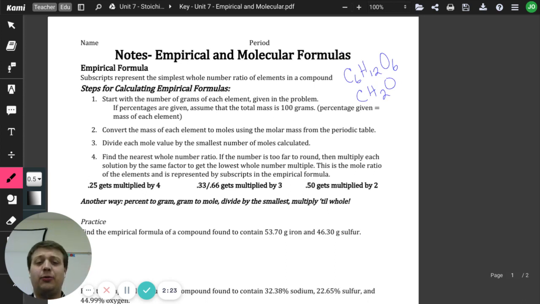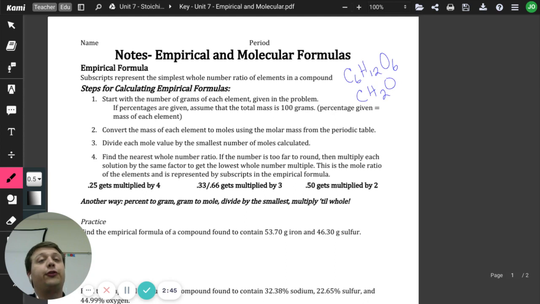The next step that we do is we're going to divide those moles by the smallest molar number that we get. Okay, so if I got a 1 for the first one, a 2 for the second one, and a 2 for the third one, I would divide them all by 1. Okay. The fourth step is we are going to find our nearest whole number ratio. Okay.